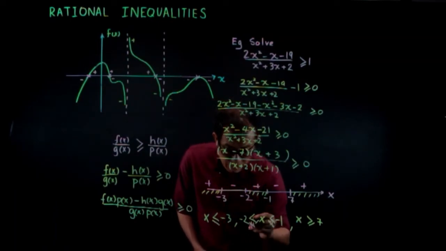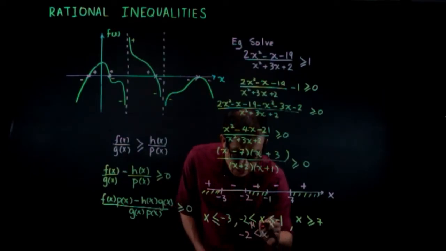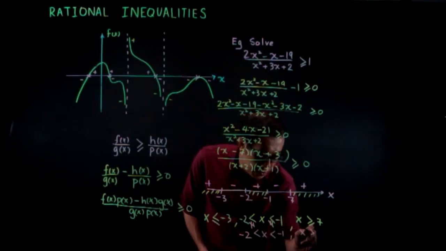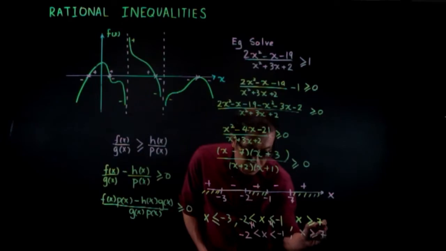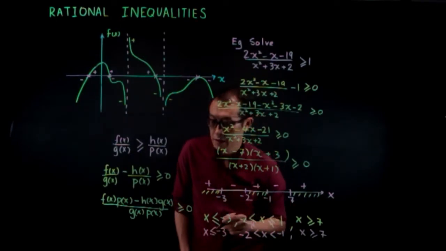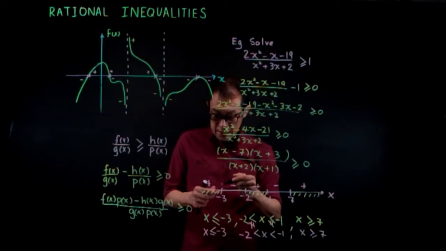So your values of x will then be: x is greater than minus 2, smaller than minus 1, and x is smaller than or equal to minus 3. Okay, so this is your answer.